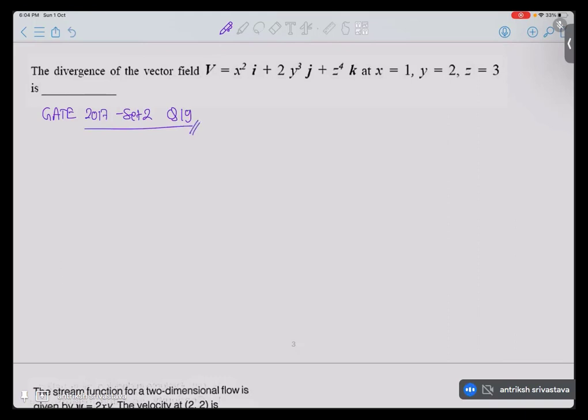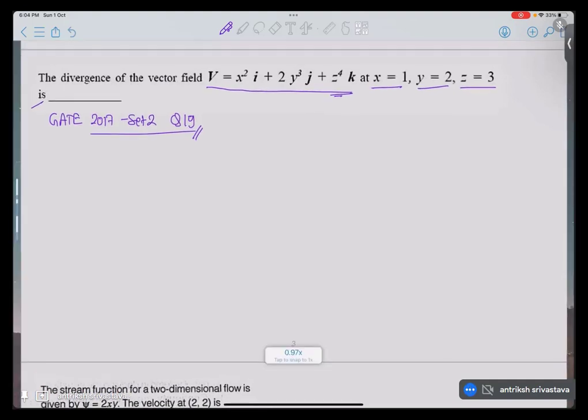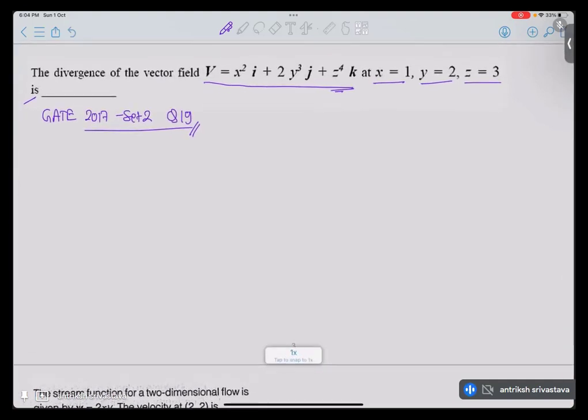So the divergence of a vector field, here it is representing the velocity at x, y, z equal to 1, 2, 3. In this case, the important thing is for you to remember the difference between divergence, gradient, and curl.